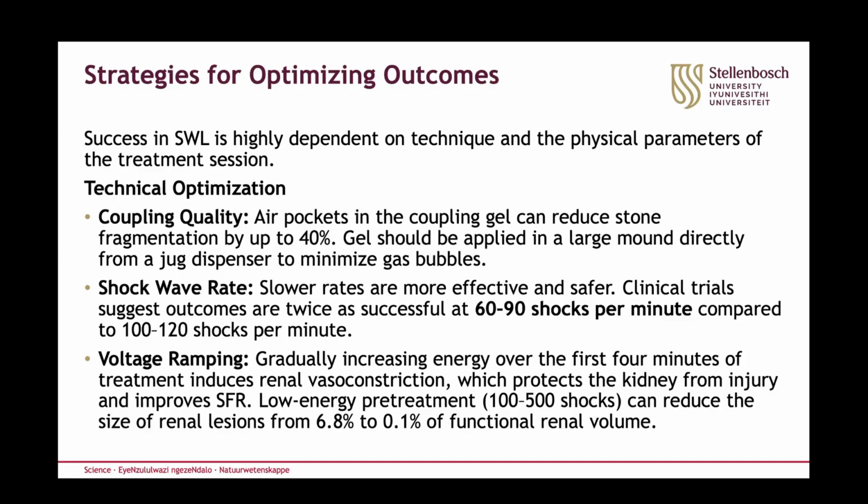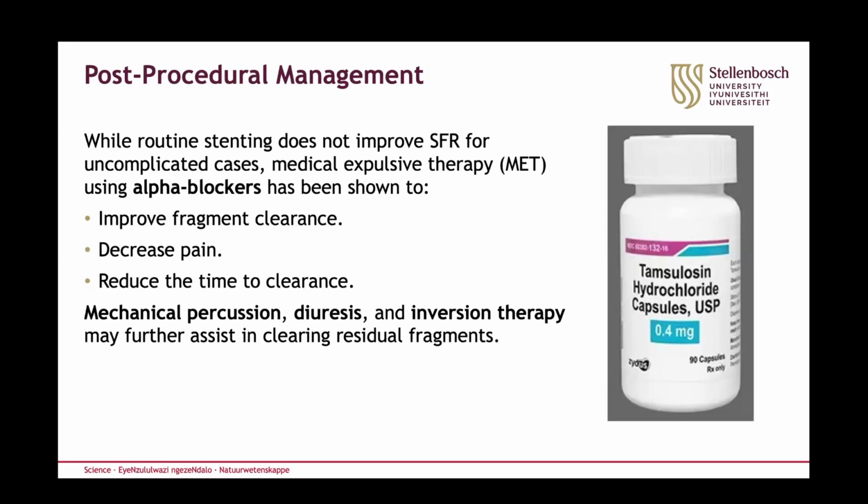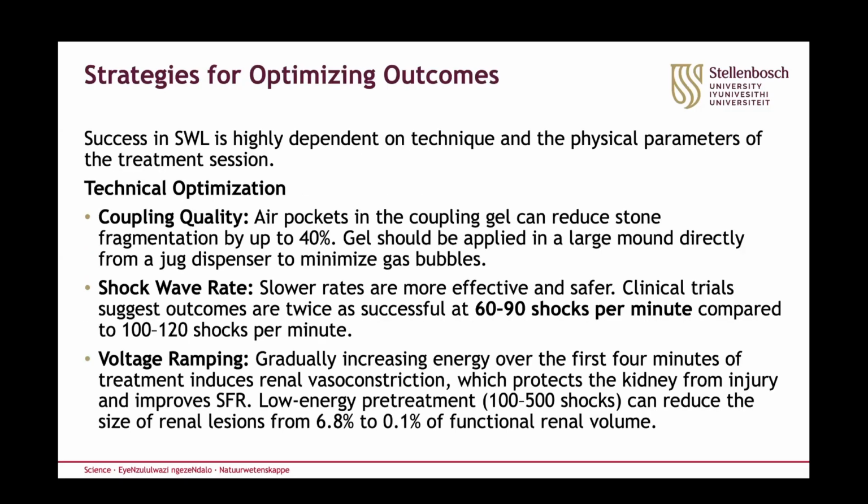Your shockwave rate: we are aiming for between 60 and 90 shocks per minute. And then voltage ramping, gradually increasing the voltage over the first 4 minutes, tends to decrease the incidence of renal vascular injury.